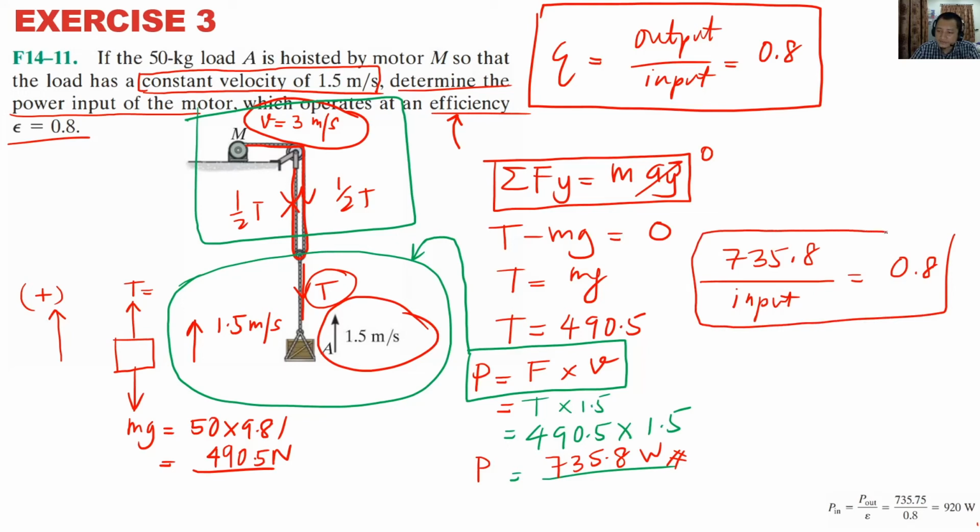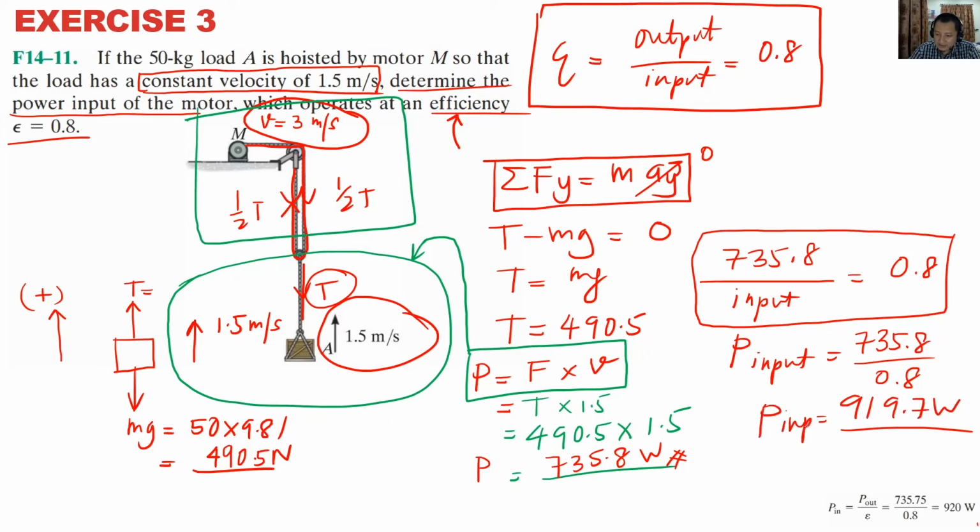So you can find it out. Power input is equivalent to 735.8 divided by 0.8. So what do you get? 919.7 watt. This is the power input. Okay.